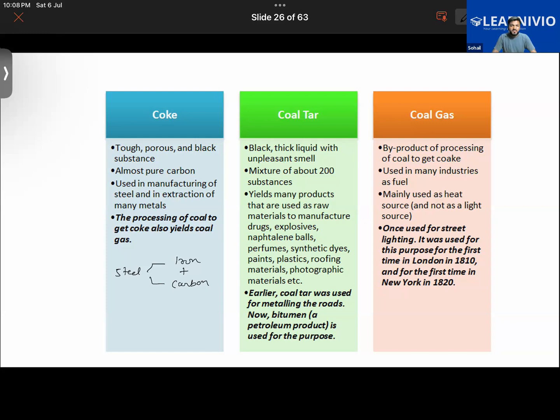Basically, they are light-sensitive recording materials. Earlier, in the older cameras, photographic films were used.